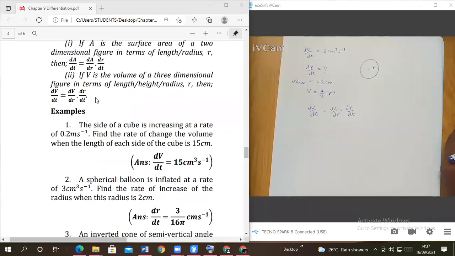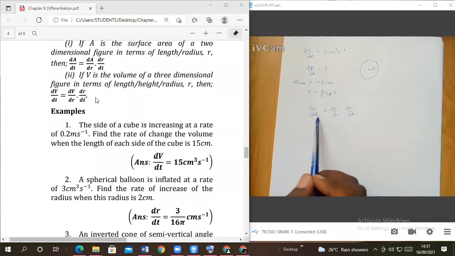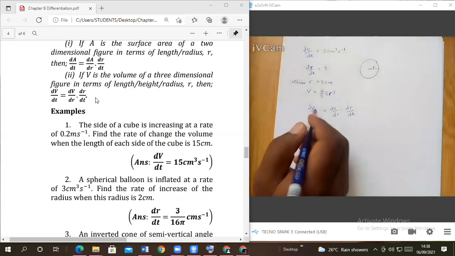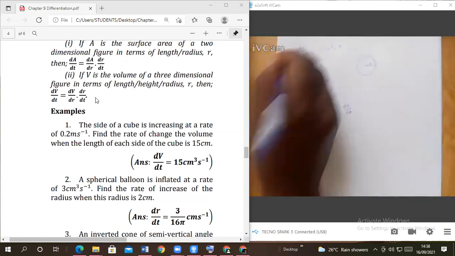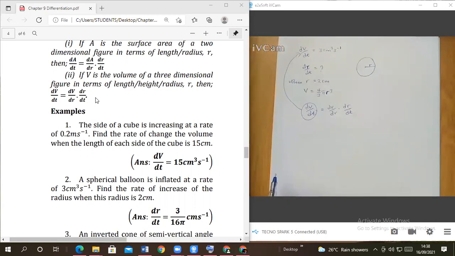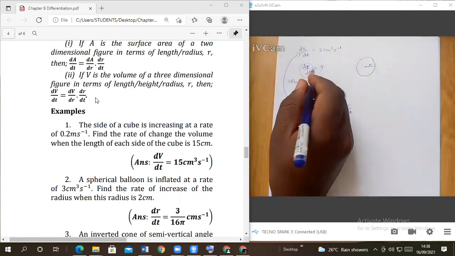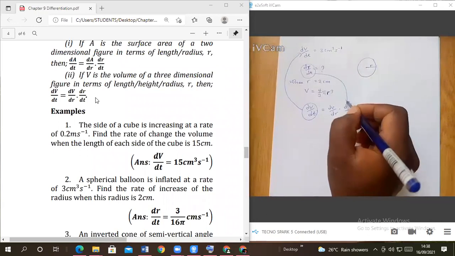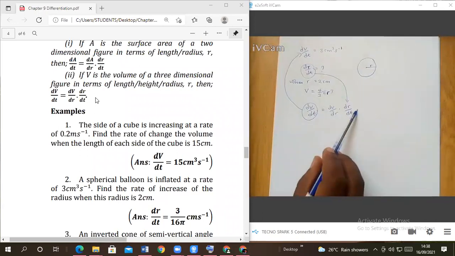Is that clear? Yes. And in this case, we are not looking for dv dt, because dv dt is already given, it is here, as 3 centimeters cubed per second. What we are looking for is the dr dt, this one here. That is what we are looking for. So what we are going to do is just to make this the subject of the formula.